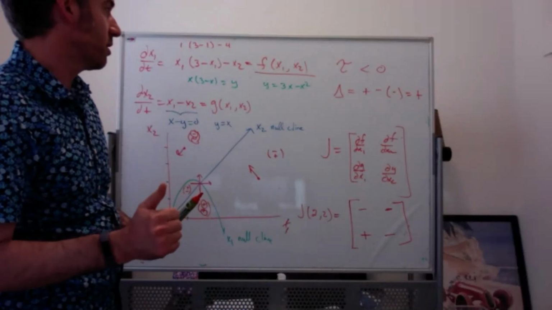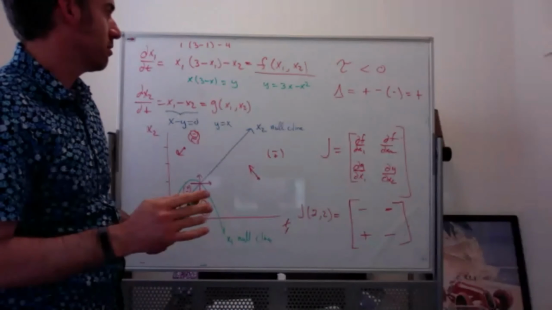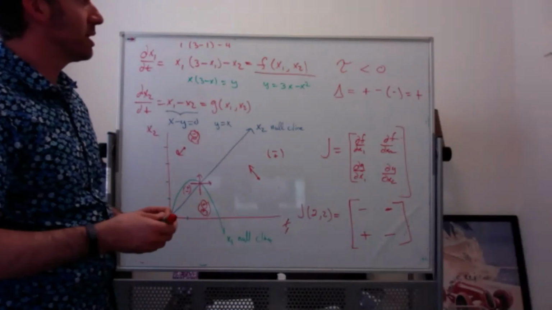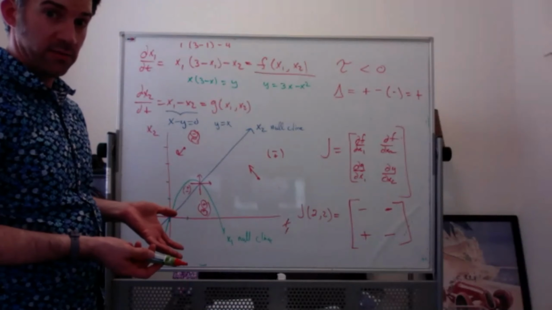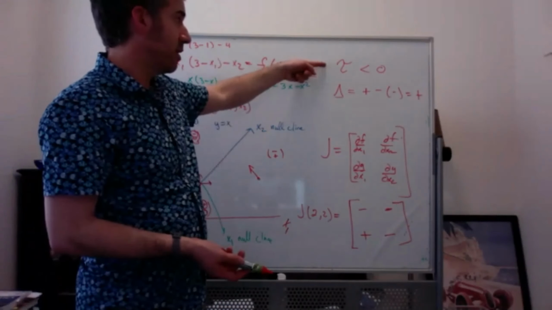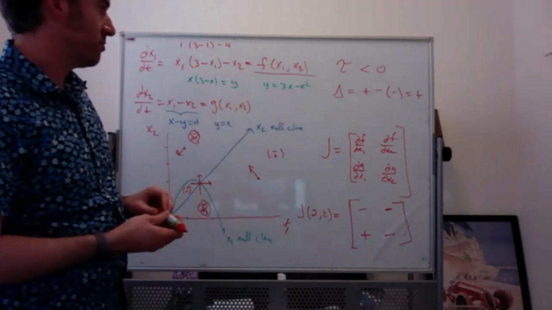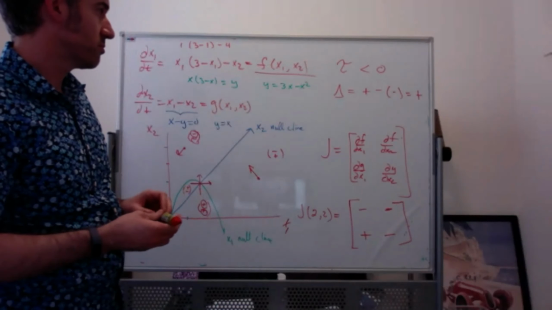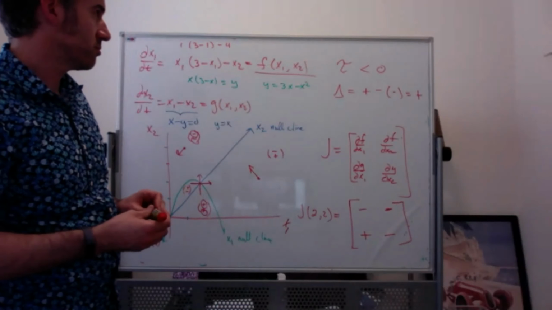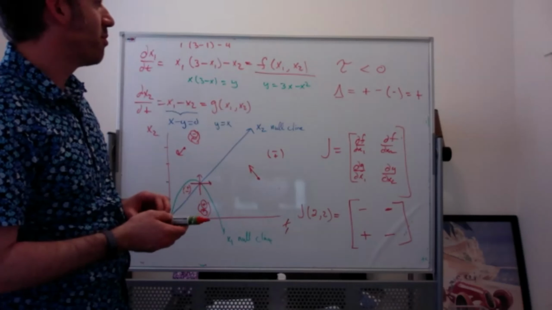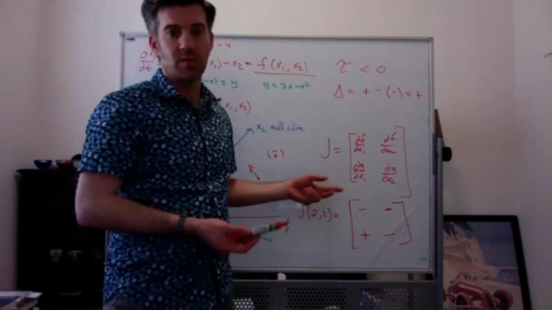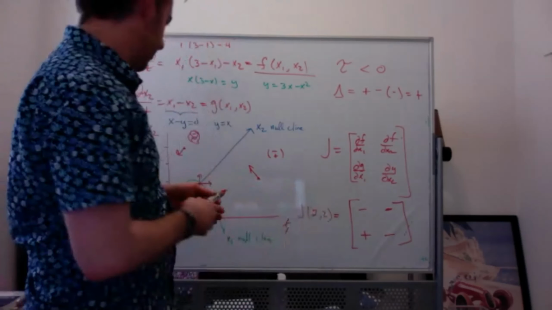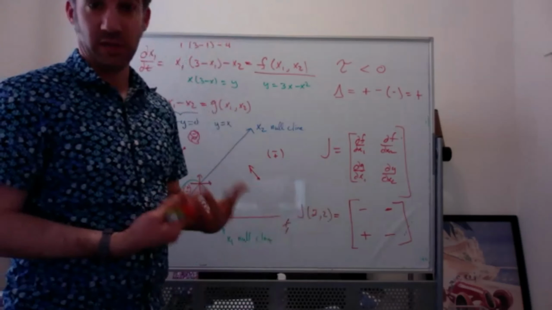Let me think for one second here. So here's what we can say for sure: we know the real part's negative, because tau is negative. No, we can't say that. The thing about this kind of method is it's not as precise.